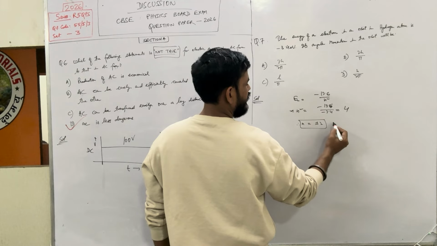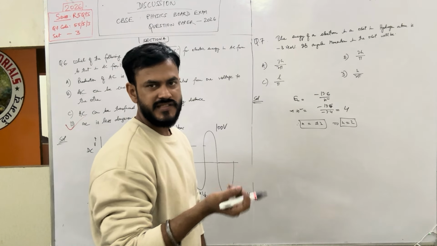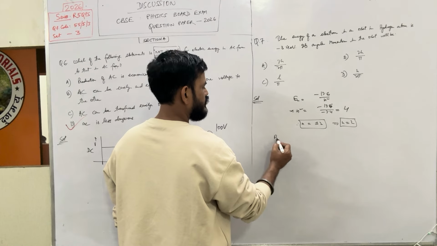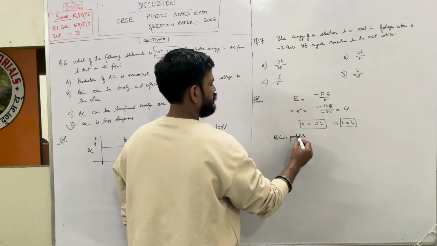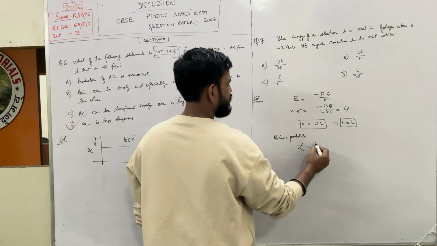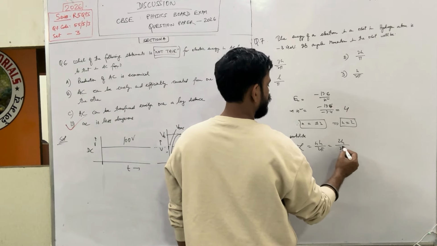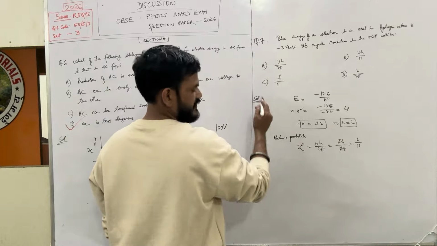Since n cannot be negative, we choose n equal to 2. So the electron is revolving in the second orbit. Now, as per Bohr's postulate, angular momentum is nh by 2 pi. So here n is 2, the 2 gets cancelled, it is h by pi. The correct answer is C.